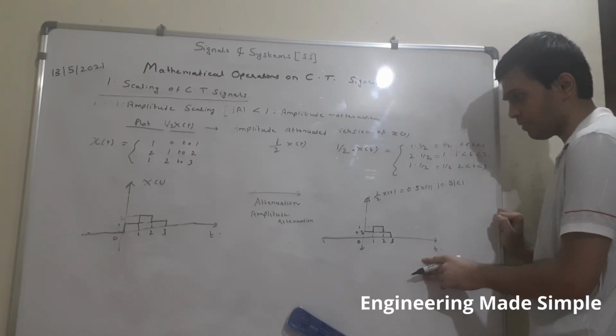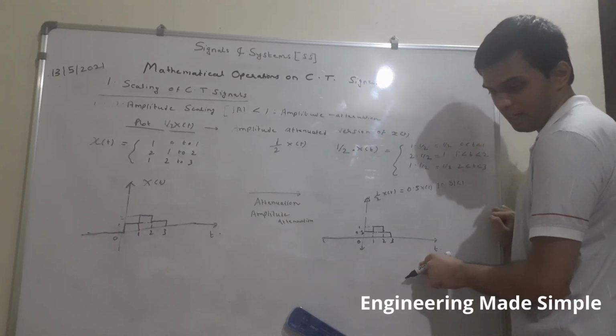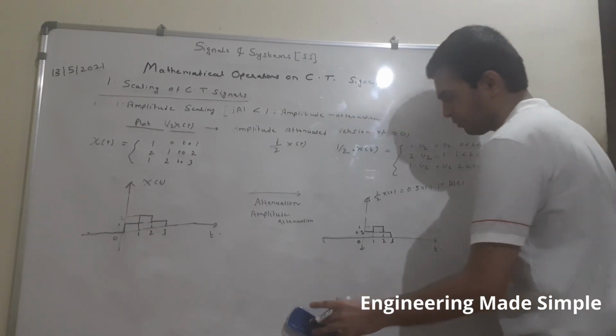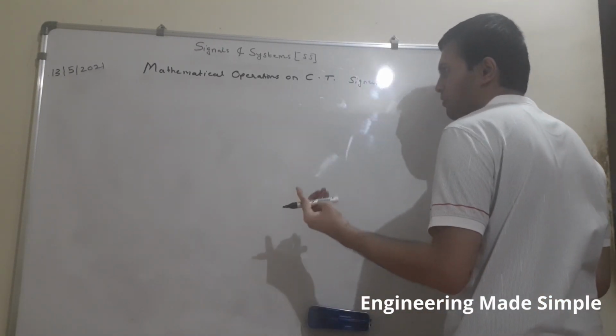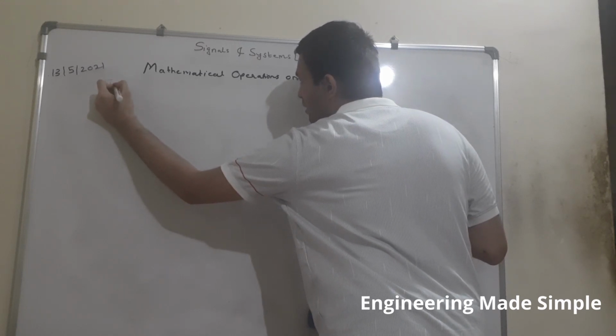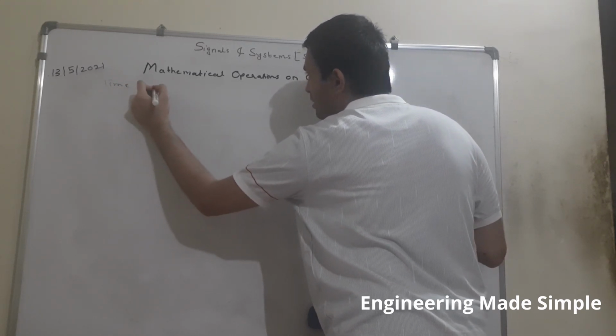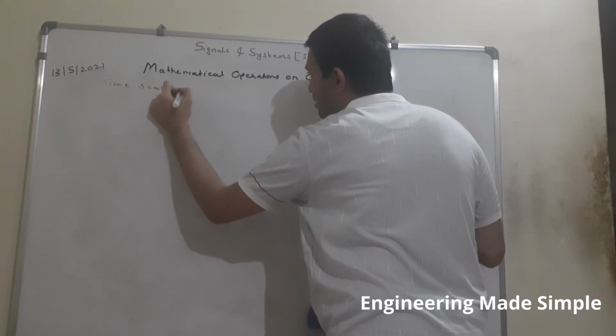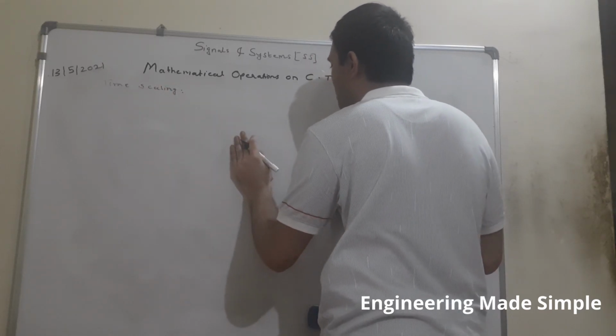Now we will move on to the next mathematical operation, which is time scaling. So now the second type of scaling, which is time scaling. What do you understand by time scaling?